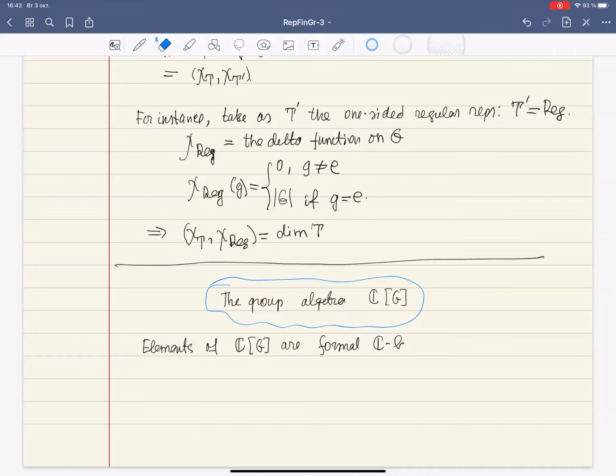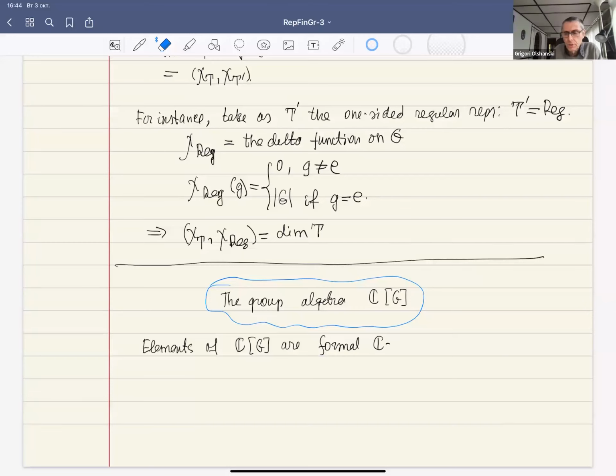Sir, why is it the cardinality of G when g is equal to e? I am asking why it is the cardinality of G when g is equal to e, the delta function?